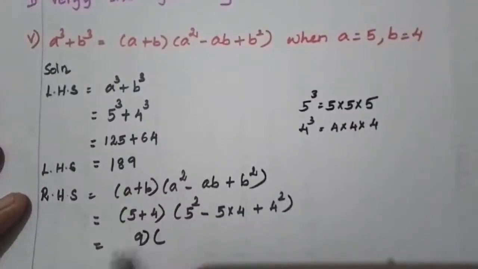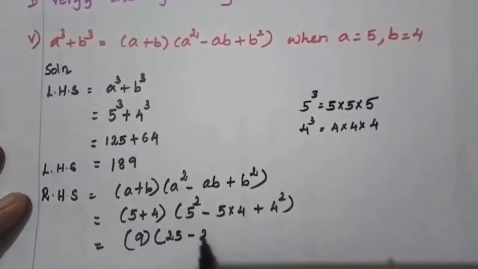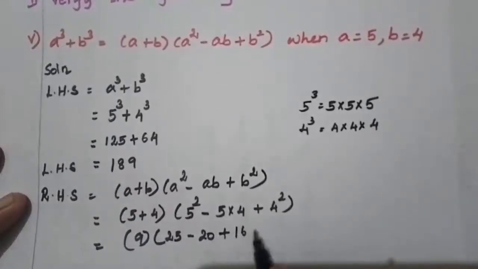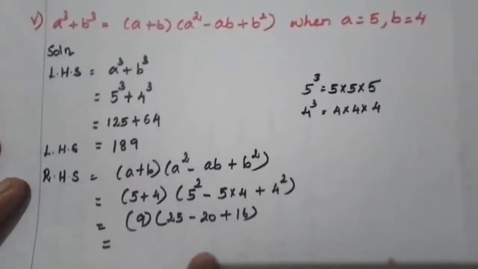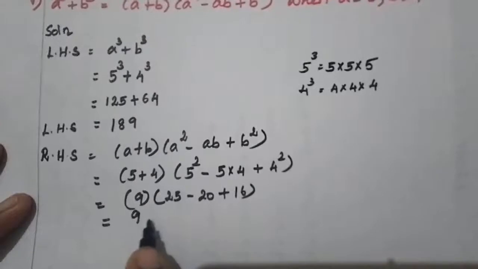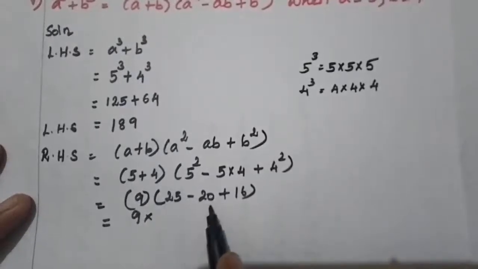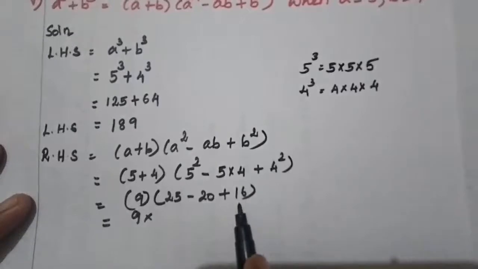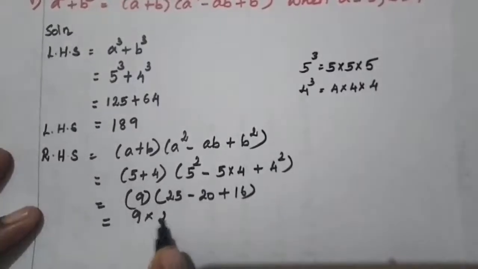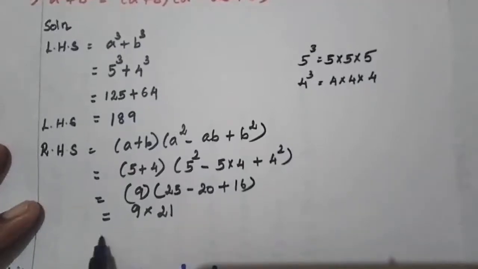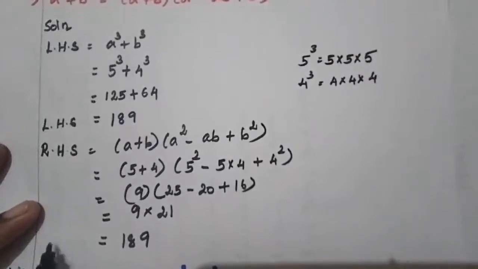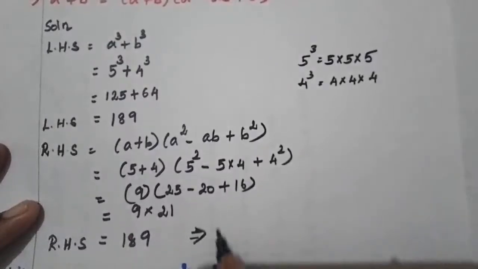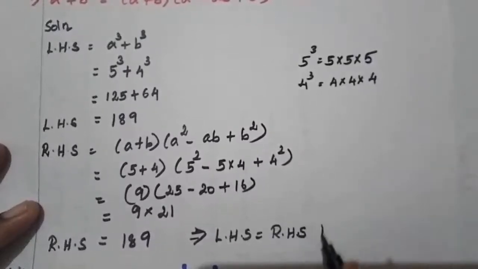The value of 5 square is 25 minus 20, and the value of 4 square is 16, which is equal to 9 into (25 minus 20 is 5). 5 plus 16 is, yes, 21. You have to multiply these two numbers. 1 nine is 9. 9 twos are 18. Yes, your RHS is also 189. So, it implies that your LHS is equal to RHS. Hence, verified.